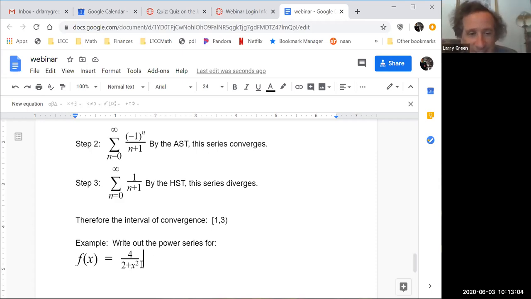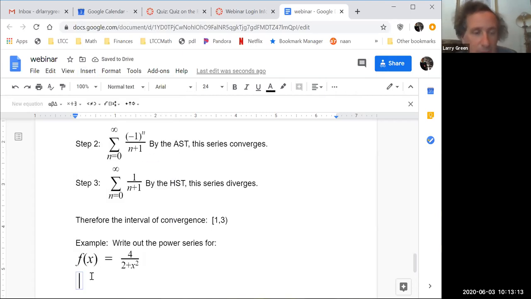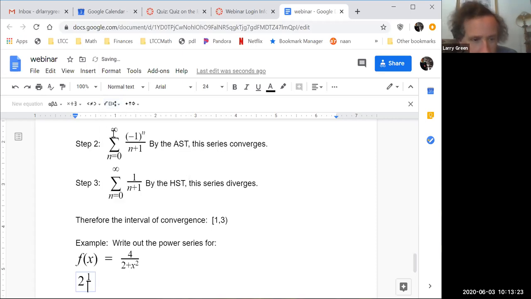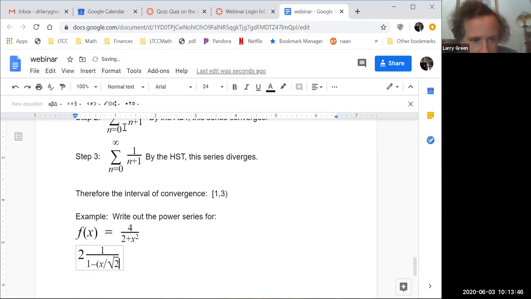So we can rewrite this, and that's the key on this. We can write this as 2 times the fraction 1 over 1 minus parentheses, x over the square root of 2, squared.